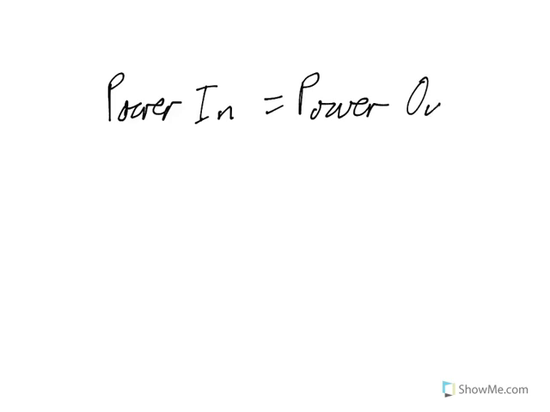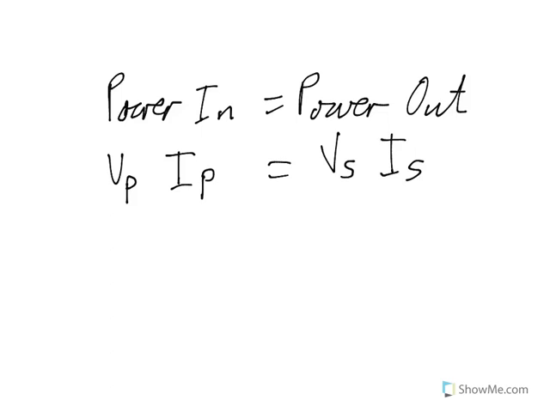Alright, now ideally power will be transferred. Reality is that it's not, because you get some heat happening, but for our purposes we're using ideal transformers. Power in is power out, so that means the voltage in the primary times the current in the primary would be the voltage in the secondary times the current in the secondary.